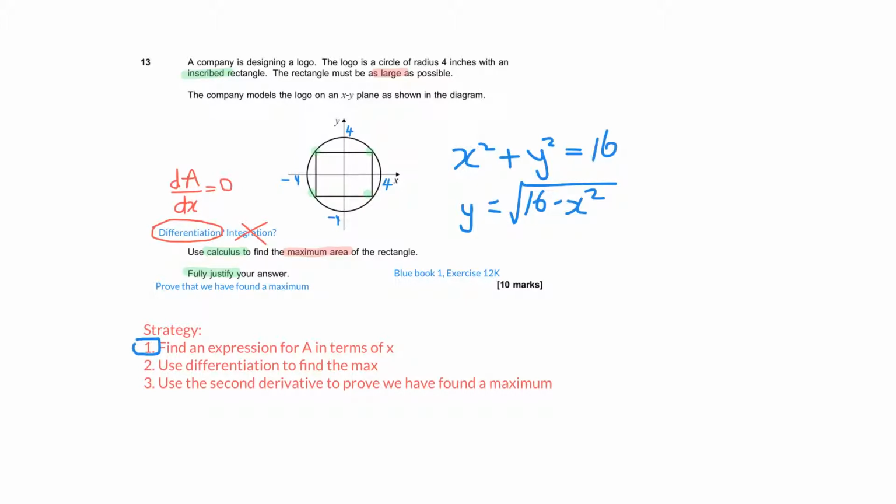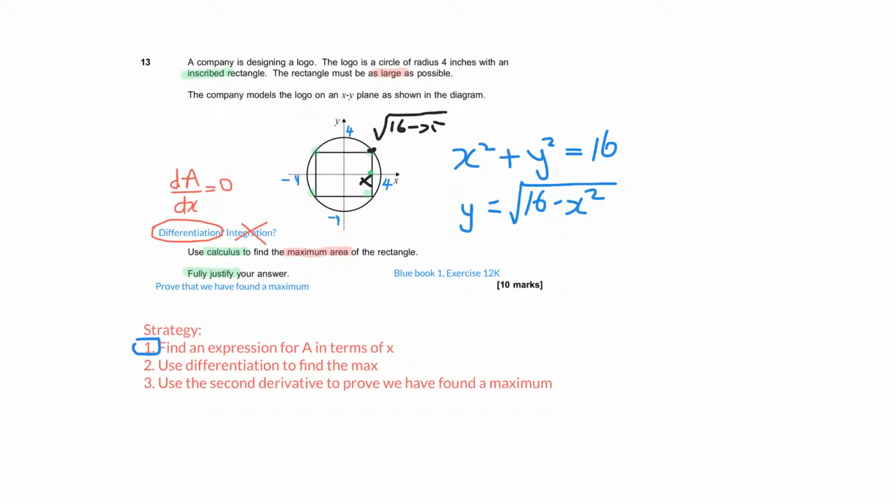So we're going to call the point where that rectangle reaches on the x-axis, I'm going to call that value x. And then the height, so to find the y-coordinate at that point up there, that will be the square root of 16 minus x squared.